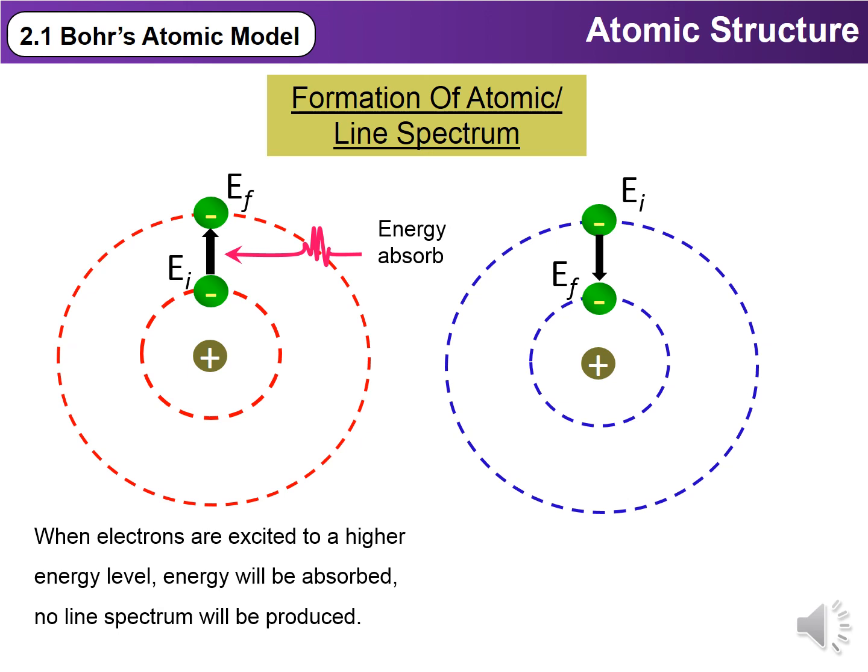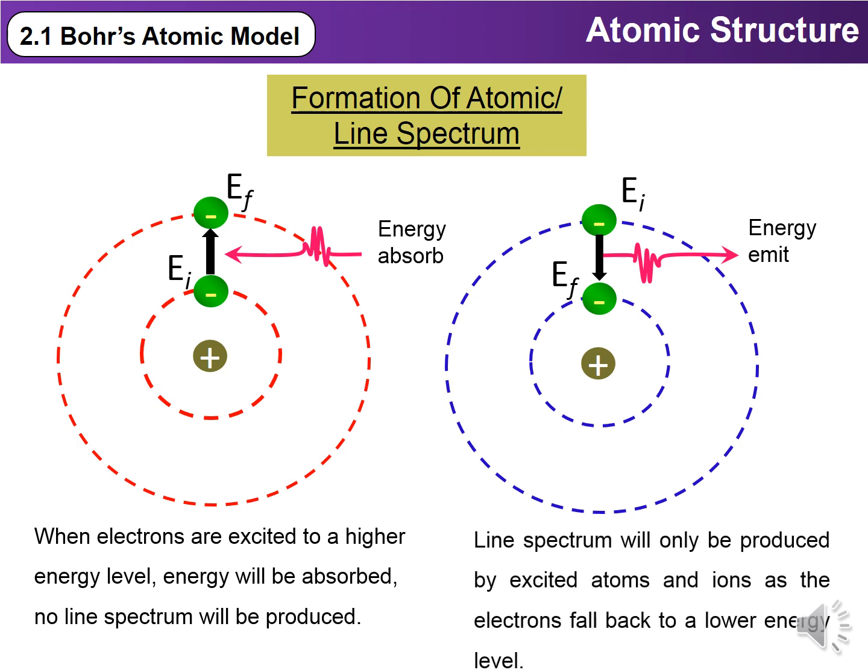Initially the electron was staying here, then it dropped down to final. Absorb. So which one will give you a line spectrum? The one where energy is emitted will give you a line spectrum. If energy is absorbed, you don't get any line spectrum. Yeah, it will be dark.